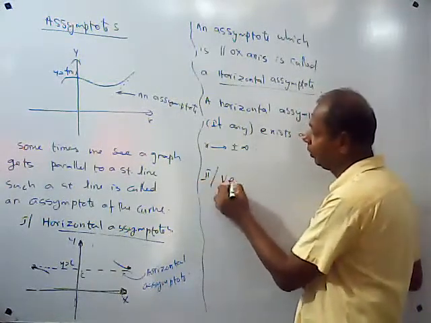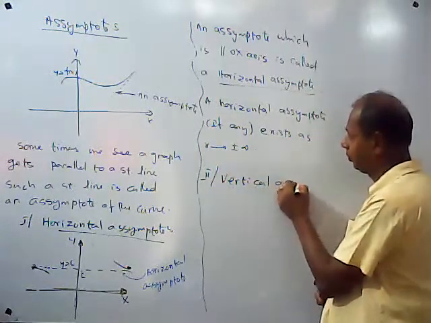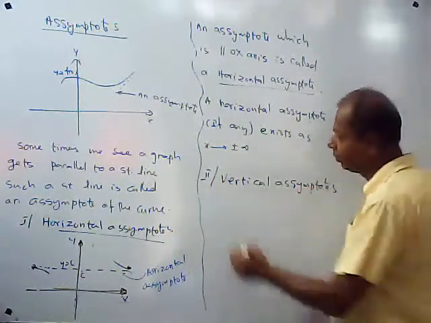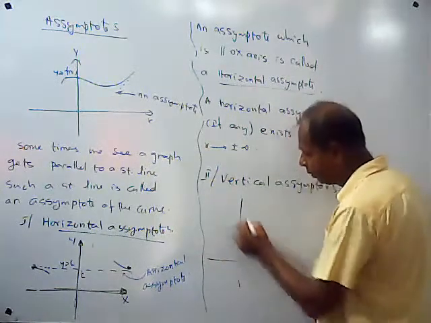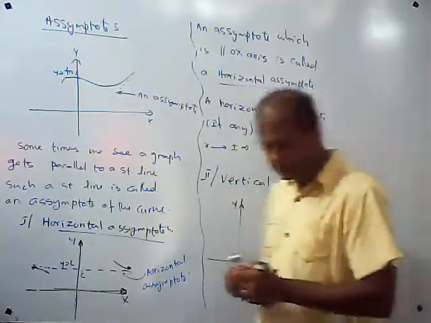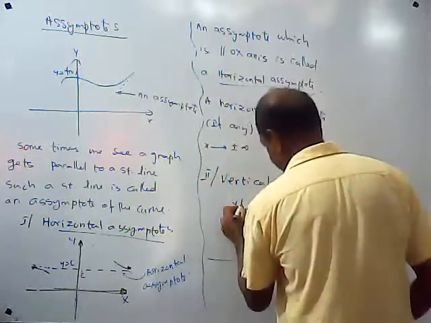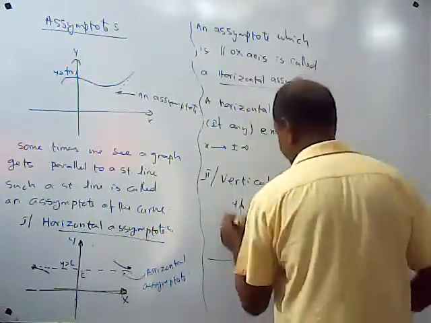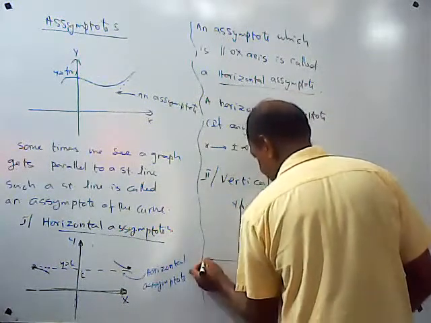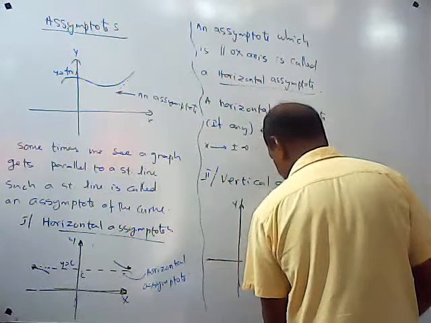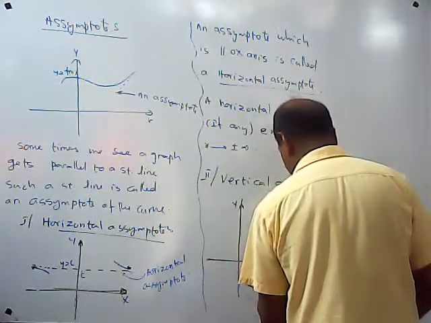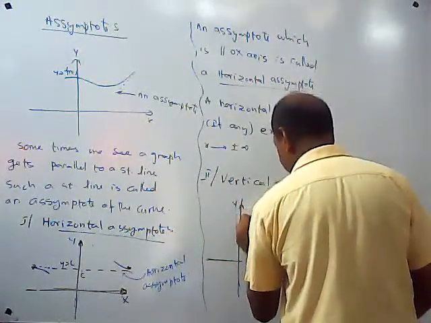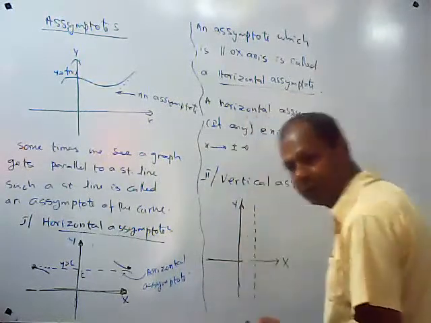Number 2, vertical asymptotes. Vertical asymptotes are the asymptotes which are parallel to the y-axis, something like this, called a vertical asymptote.